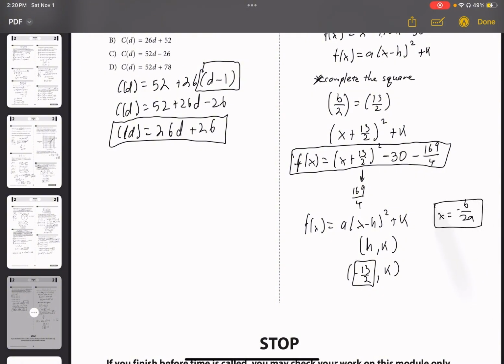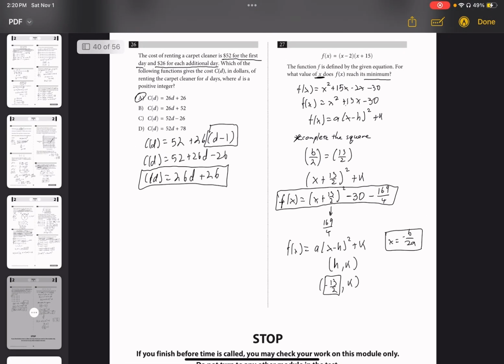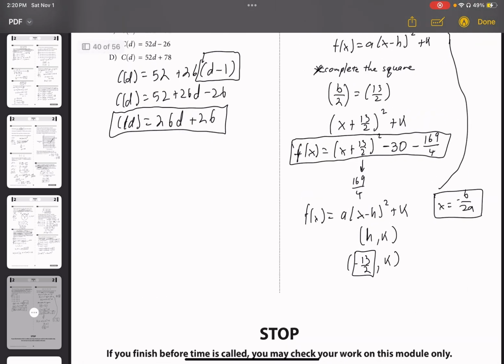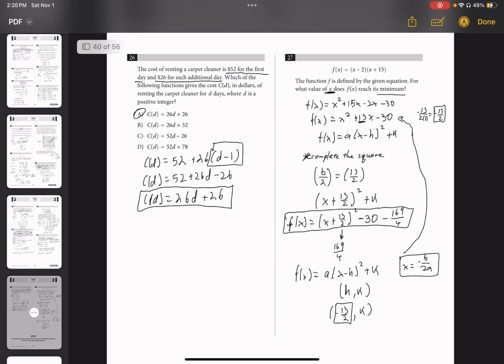Right after you distribute the problem, here, you know that your b is 13, so you could have just done negative 13 over 2. You know your a is 1, so times 1 is equal to negative 13 over 2. So that's a shortcut, but it's very helpful to know how to do the whole process for problems that force you to do it. And yeah, we're going to stop here for this video.